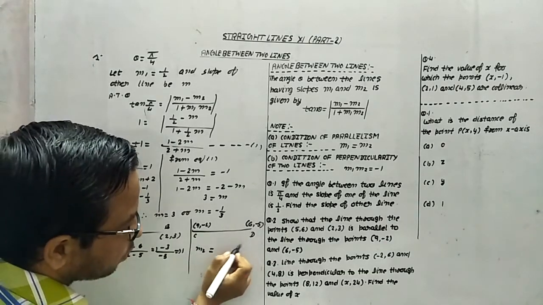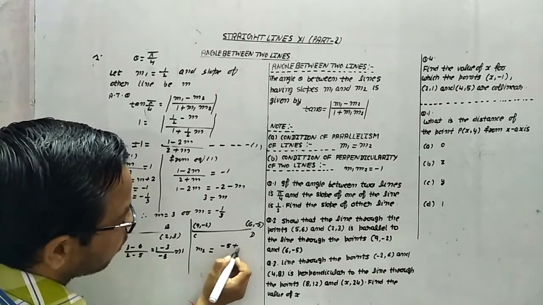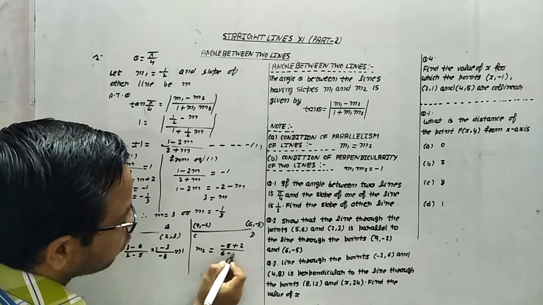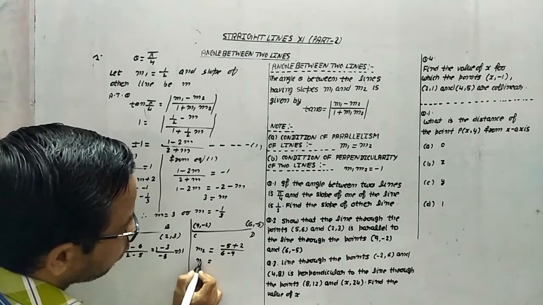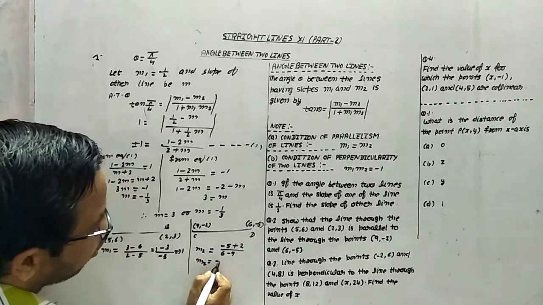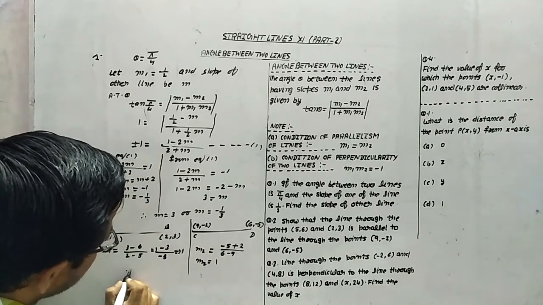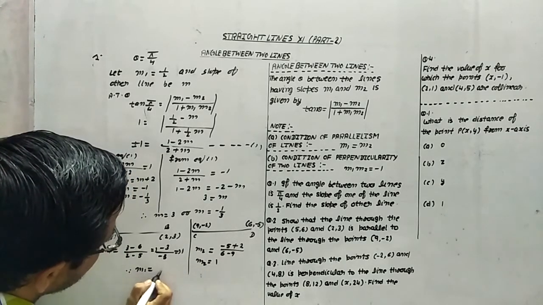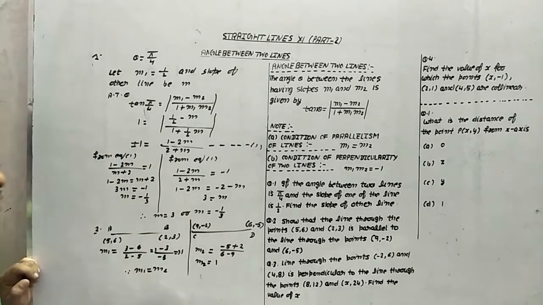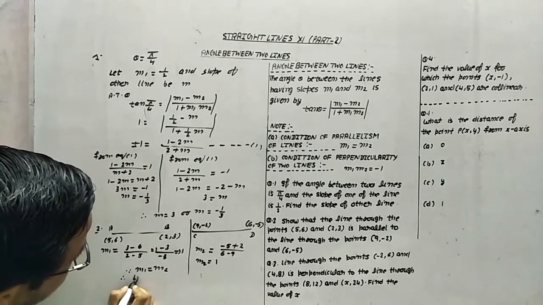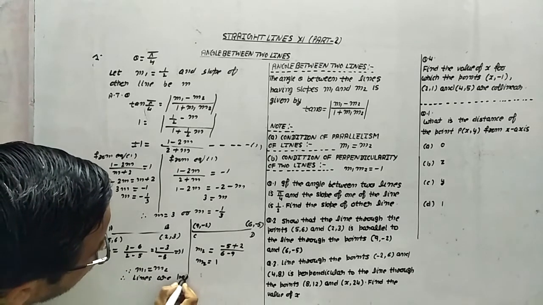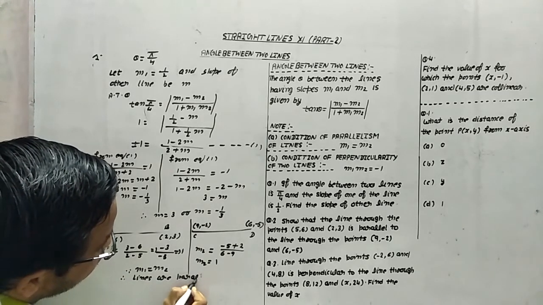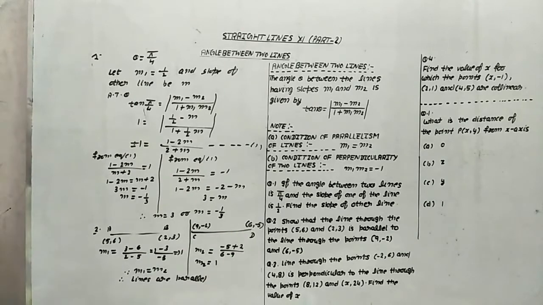It means m2 is equal to (minus 5 plus 2) upon (6 minus 9), so m2 is also equal to 1. Now we observe that m1 is equal to m2, therefore the lines are parallel. So this is the way to solve questions related to this type.